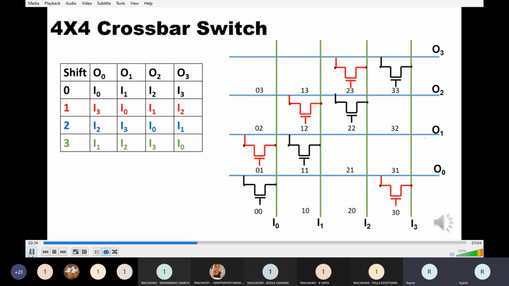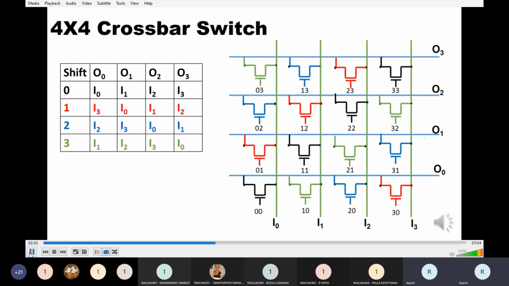Similarly, for a 2-bit shift, input 0 must be available on output 2, and for the 3-bit shift operation, input 0 must be available on output 3.